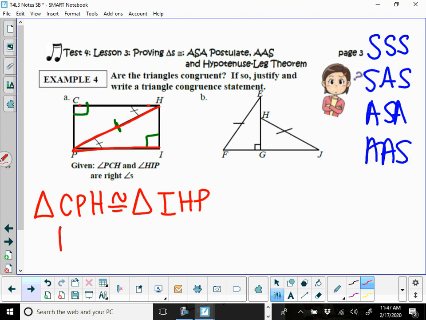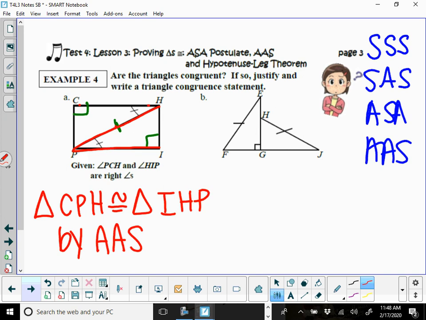And we know that by angle, angle, side. Some of these might have more than one possibility, and that's fine. There can be several, there can be none.